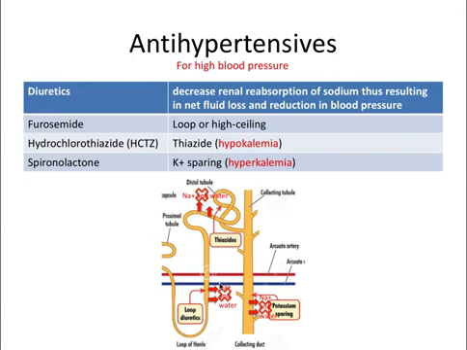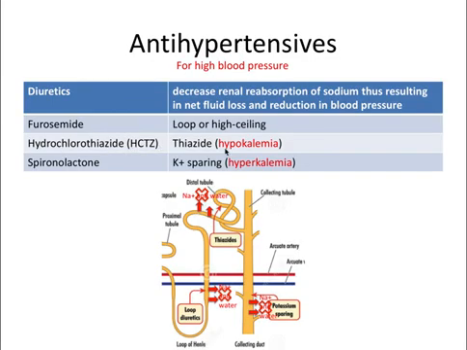So here's a snapshot of a nephron, which is the functional unit of the kidney. And each of these diuretics accomplish basically the same goal, but in different regions of the nephron. Furosemide is a loop or high ceiling diuretic that acts in the loop of Henle, hence the name loop diuretic.